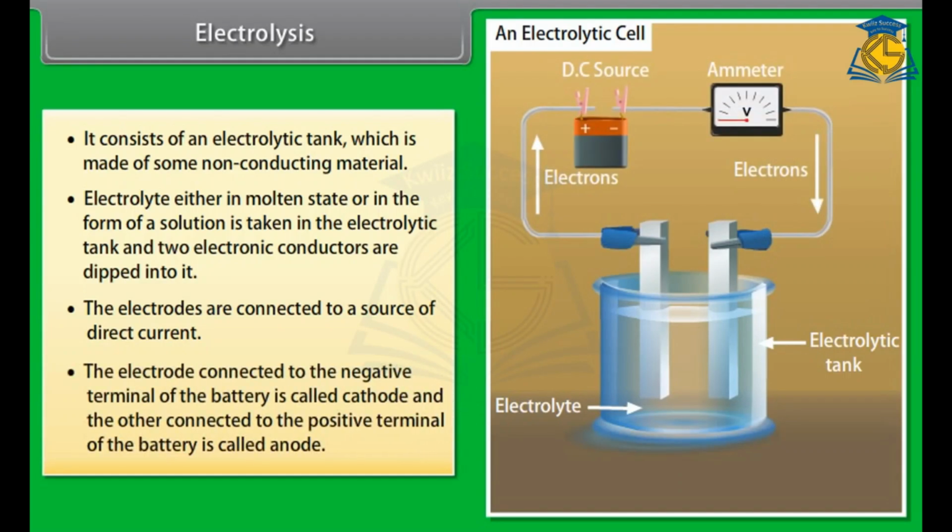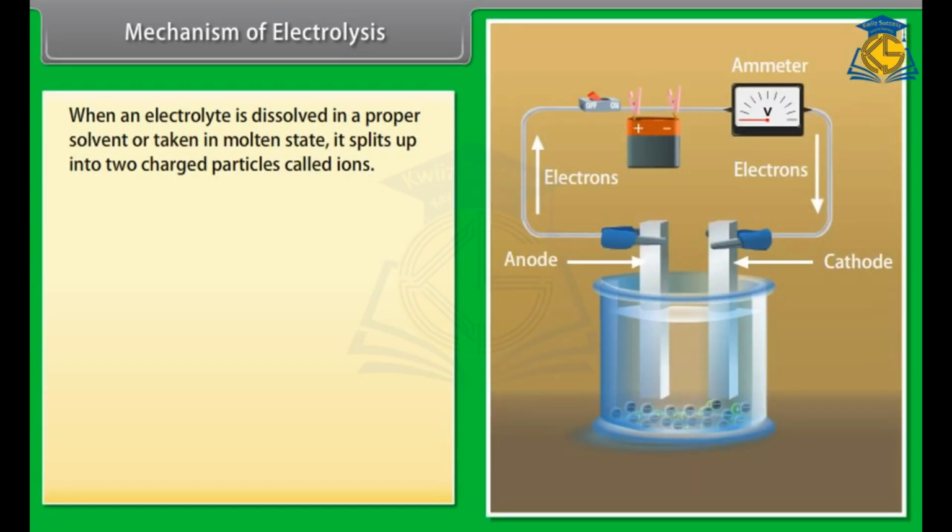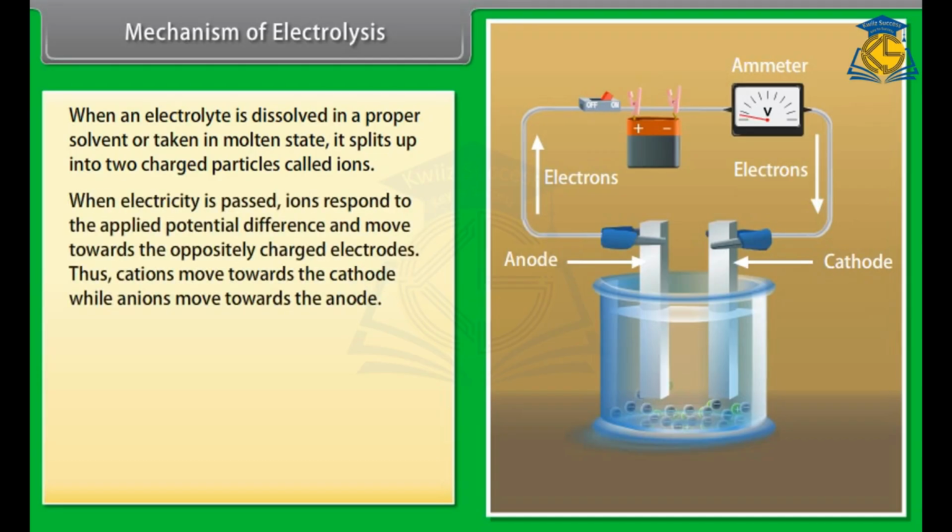The electrode connected to the negative terminal of the battery is called the cathode, and the other connected to the positive terminal of the battery is called the anode. Mechanism of electrolysis. When an electrolyte is dissolved in a proper solvent or taken in molten state, it splits up into two charged particles called ions. When electricity is passed, ions respond to the applied potential difference and move towards the oppositely charged electrodes.